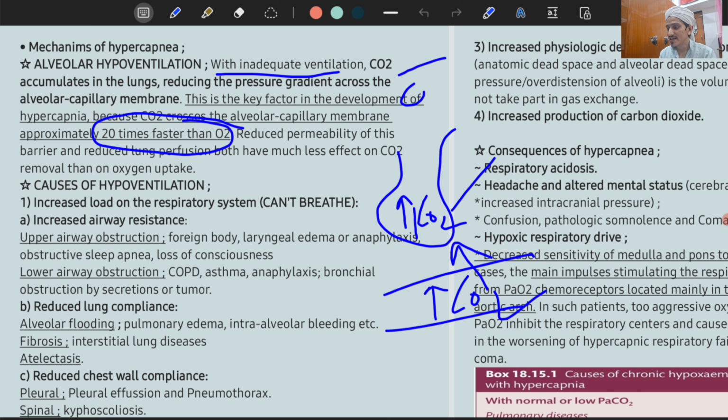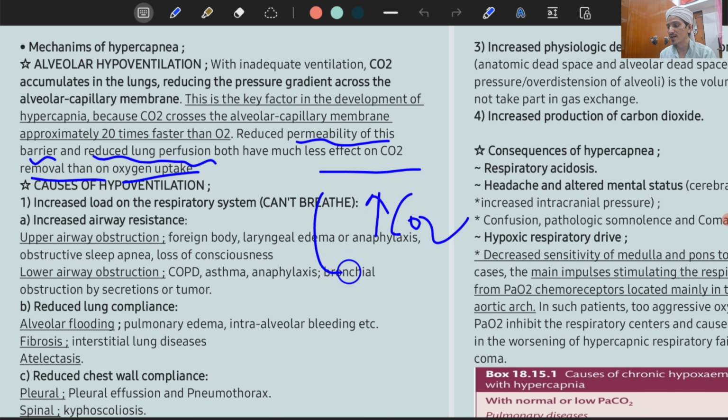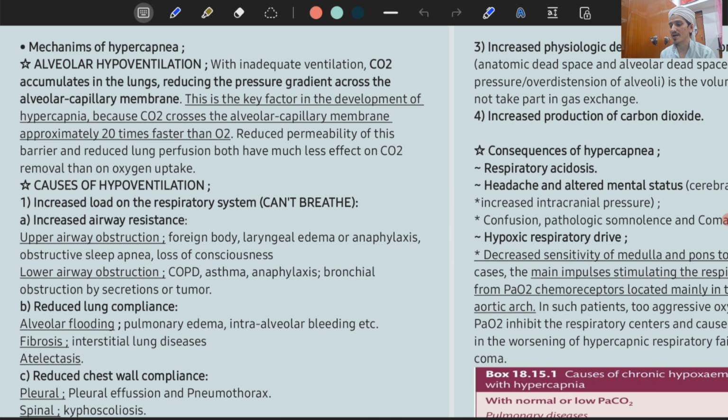That's why any disease affecting the permeability of this barrier, or reduced lung perfusion, will have less effect on carbon dioxide removal than oxygen uptake, because the main thing that decreases the elimination of carbon dioxide is the gradient of carbon dioxide between the alveoli and the blood vessels. If the concentration difference is less, then carbon dioxide will not diffuse properly. That is the main cause for hypercapnic respiratory failure.